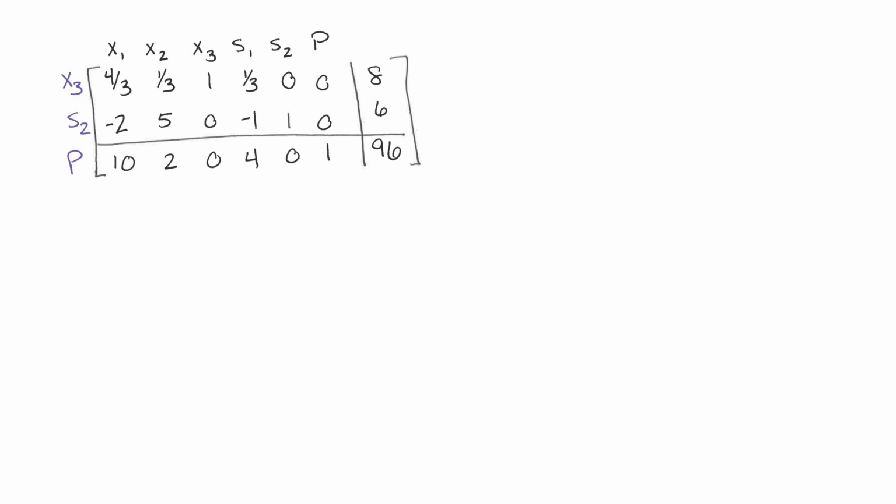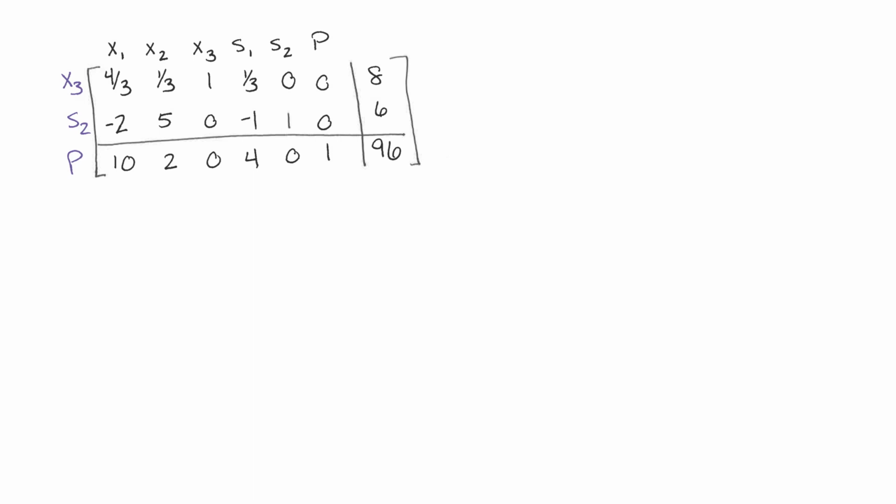So let's label our basic variables. x1 and x2 have all non-zero elements, so they do not qualify. x3's column is 1, 0, 0. Because the 1 is in row 1, x3 now represents row 1. S1 has all non-zero elements.